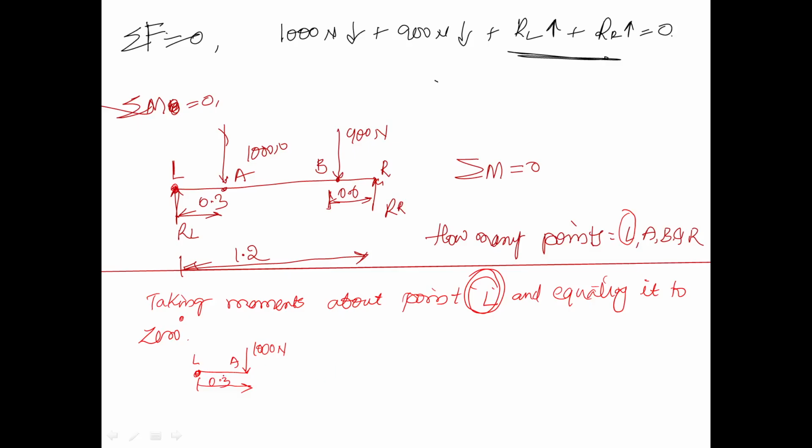Now if you observe about this point, the load is causing a clockwise moment here. Moment is distance into force, or L into F. Now what is the moment on point L because of the load at A? Distance is 0.3, load is 1000, so you got 300 Newton meter.